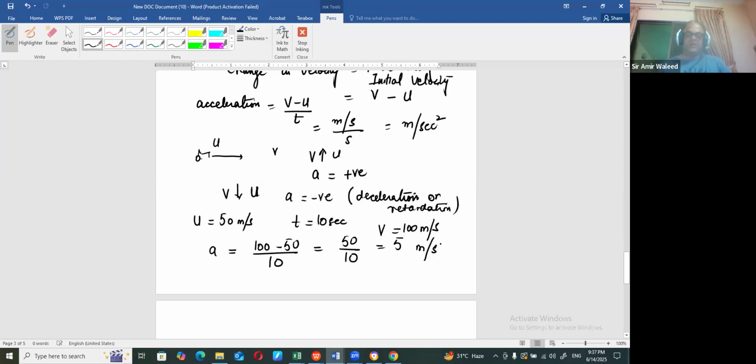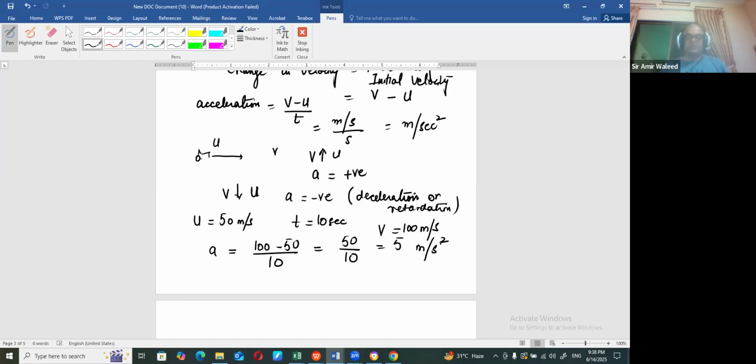It means that in each second, within a time of 10 seconds altogether, the acceleration is 5 meters per second square. Within time t equal to 10, the change is 50, and 50 divided by 10 is 5.